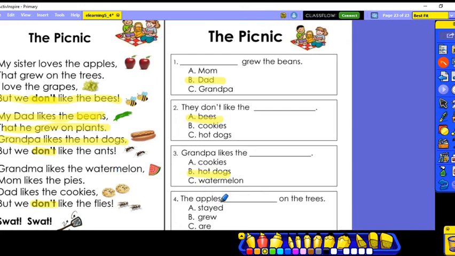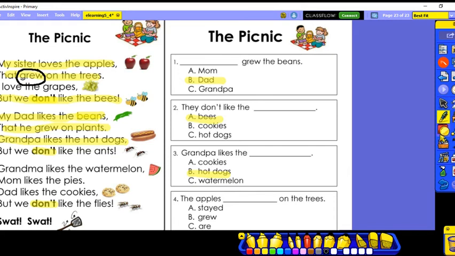And our last question, the apples on the trees. So let's see where it talks about apples. My sister loves the apples that grew on the trees. So the apples stayed on the trees, the apples grew on the trees, or the apples are on the trees. And here it is right here in our story. It says they grew. There it is right there, on the trees.